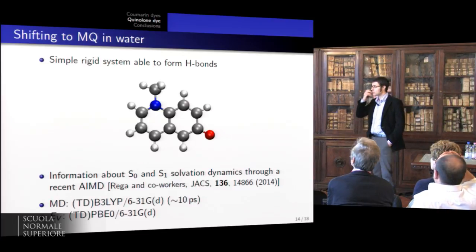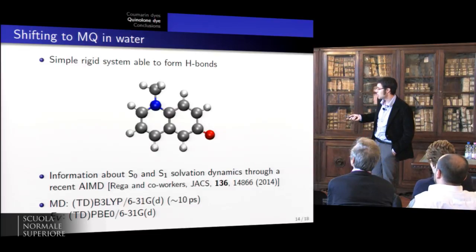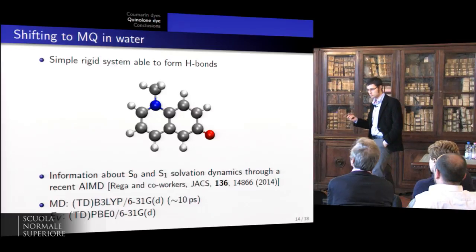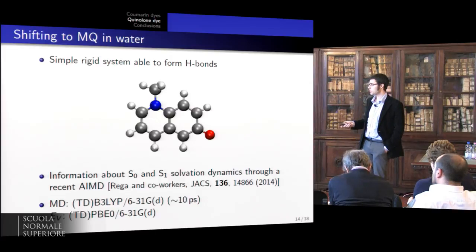This molecular dynamics was done in the ground and excited state at B3LYP, and we have computed the vertical energies, and also performed the vibronic calculation of the spectra with PV0.